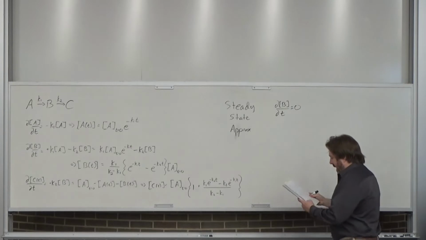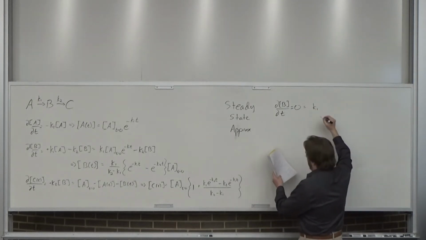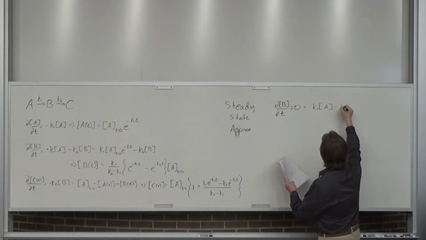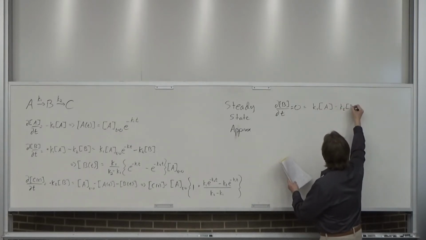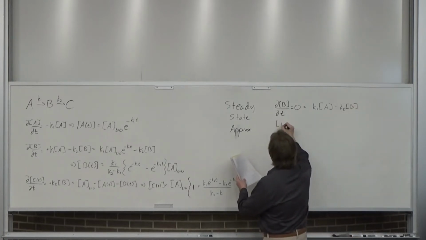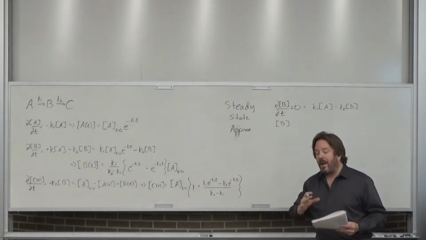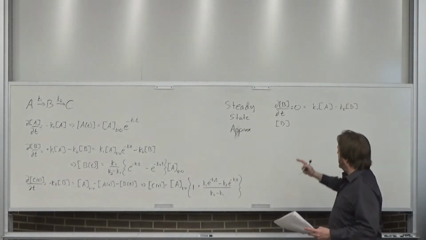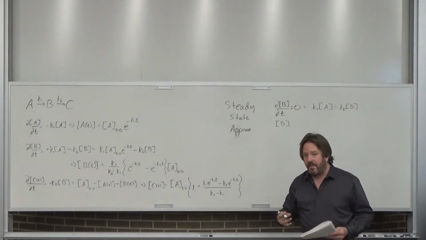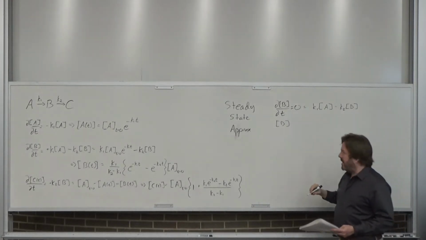Okay, so what do you get for that? Okay, now since this is still equal to K1A minus K2B, now what you can do is you can solve for B, and don't forget this. I know maybe it would help if I was a bit more careful on my notation, but when I write out these rate expressions, these rate laws, this is A as a function of time, and that's B as a function of time, right?